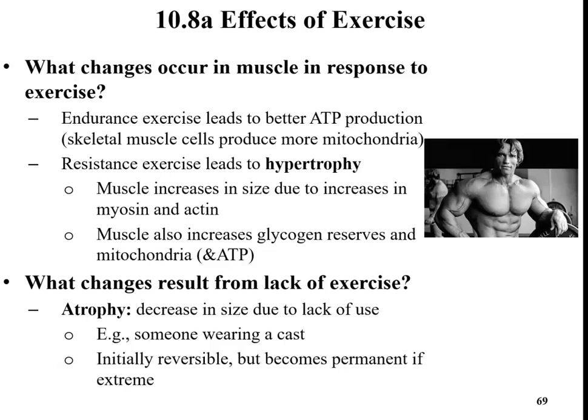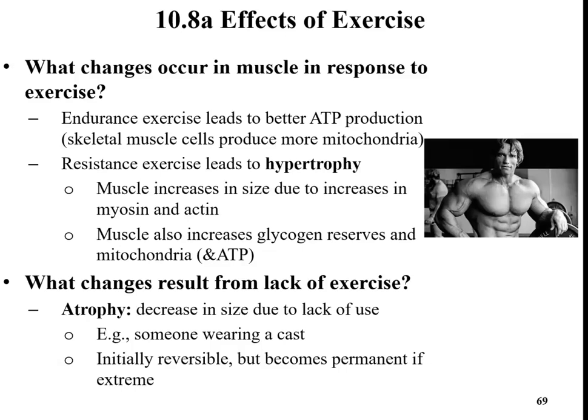Okay, just a little bit about the effects of exercise in relation to the changes that occur in muscle. Endurance training is going to lead to better overall ATP production. You're going to see more mitochondria in the skeletal muscle cells. You're also going to see rich vascular supply to the muscles to make sure that there's enough oxygen getting to the tissues, and you're going to see increased myoglobin as well.